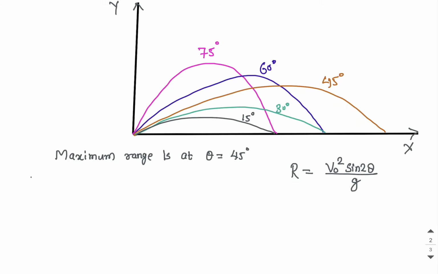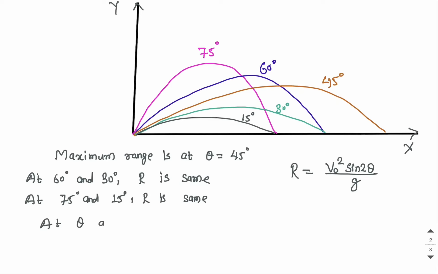So at 60 degrees and 30 degrees, r is the same. At 75 degrees and 15 degrees, r is the same. That means at theta and 90 degrees minus theta, the horizontal range r will be exactly the same.